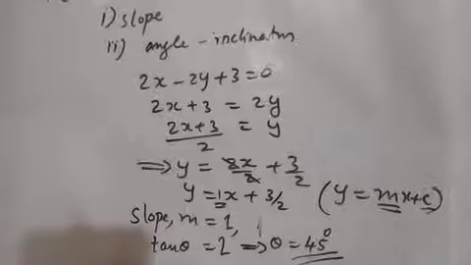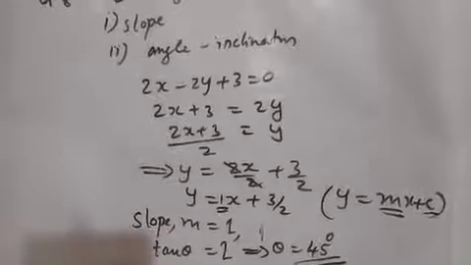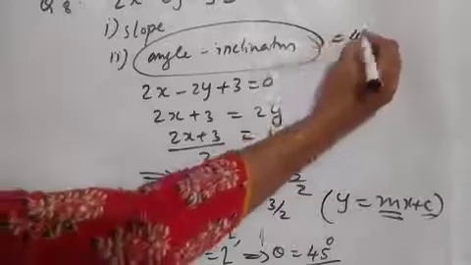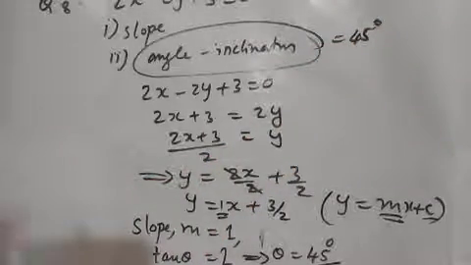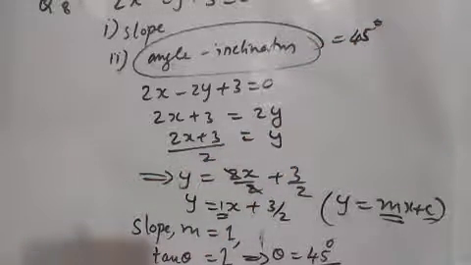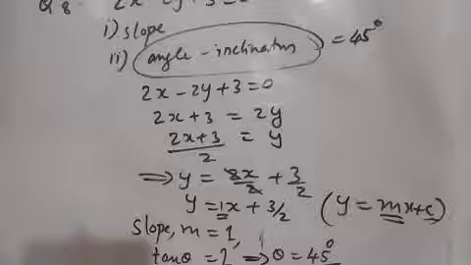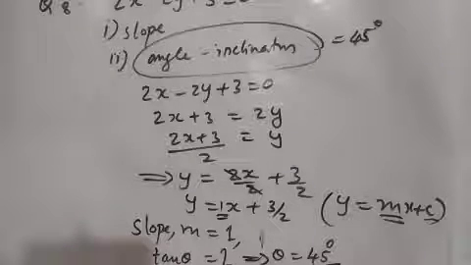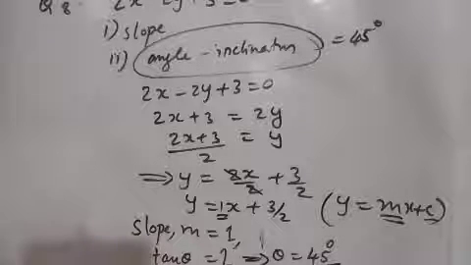So the inclination is 45 degree. Understood? In this way we find the slope and inclination of the line with respect to the x-axis. Understood? The problems of parallel lines and perpendicular lines are not in your syllabus.